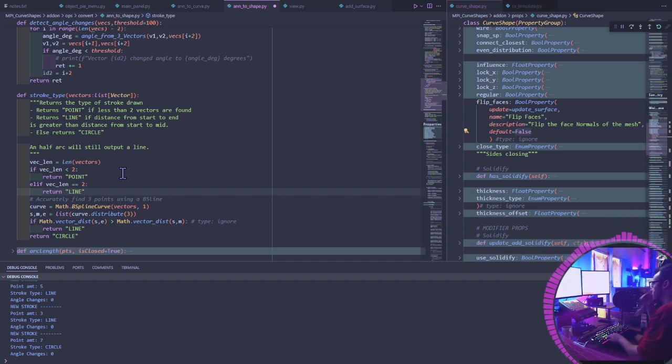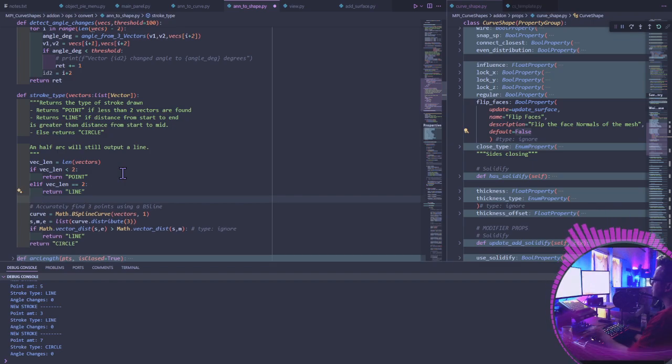So if it's less than 2, we return point. If it equals 2, it must be a line.